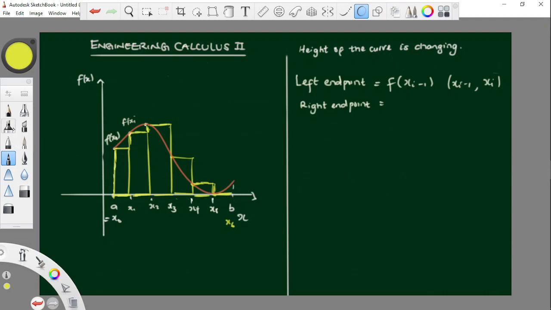Okay, so what I can say then is that my rectangle for the left endpoint is what we're dealing with now.